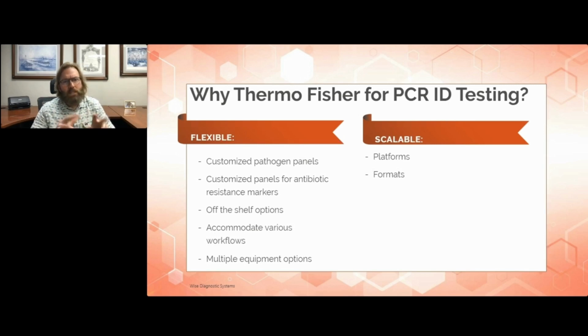And also, the last two kind of go together in terms of being able to accommodate various workflows and multiple equipment options. That really comes down to how you're going to grow the business, which I'll talk about in the next slide or so. And again, the biggest thing with Thermo Fisher for us was the scalability of those platforms.